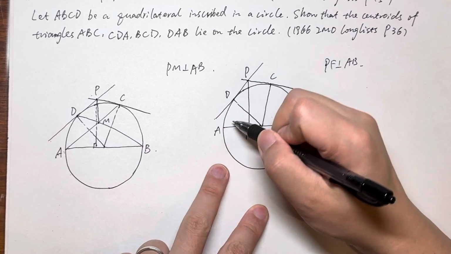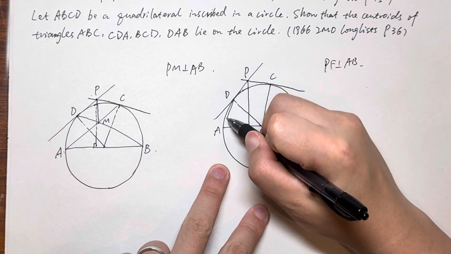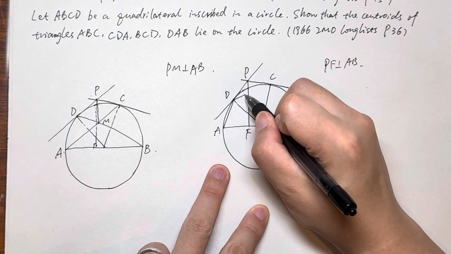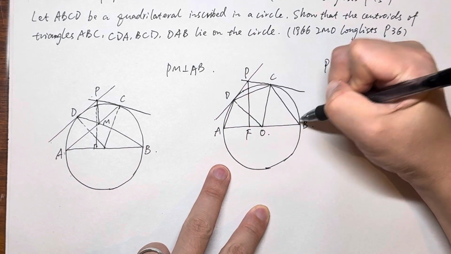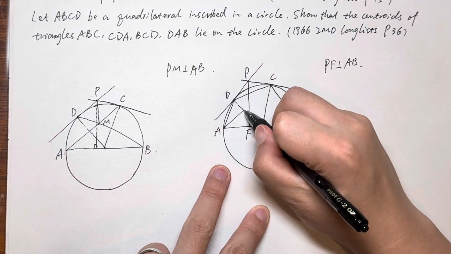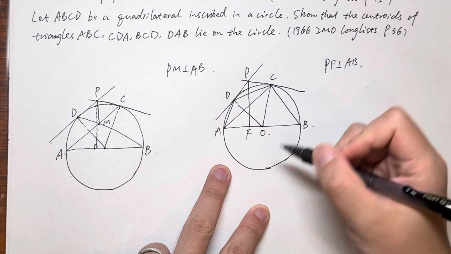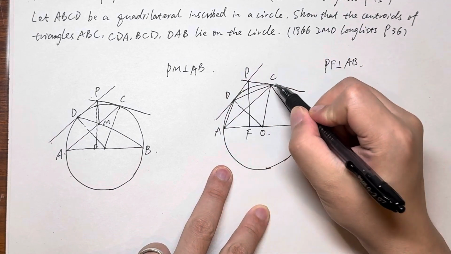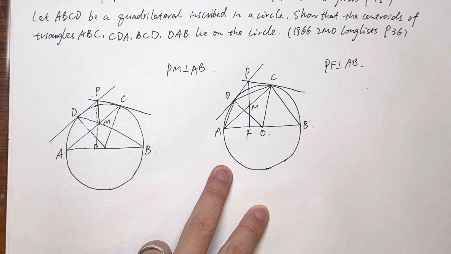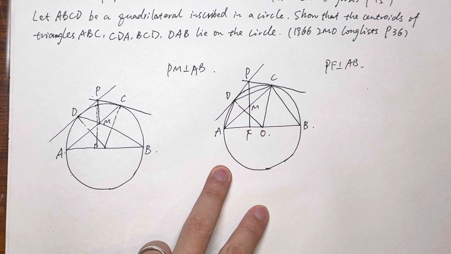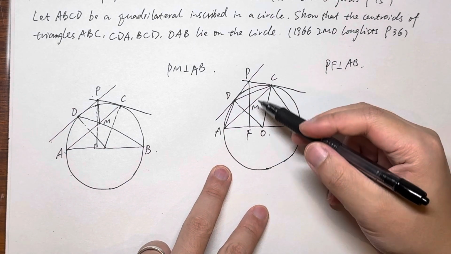And then we connect AD, we connect CD, we connect CB, and we connect AC only. So the PF intersects with AC on a point. Let's call it M.